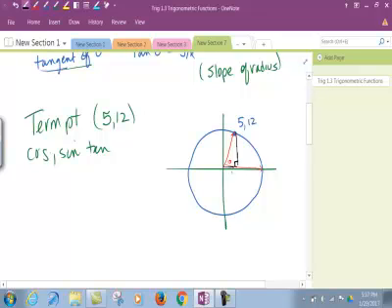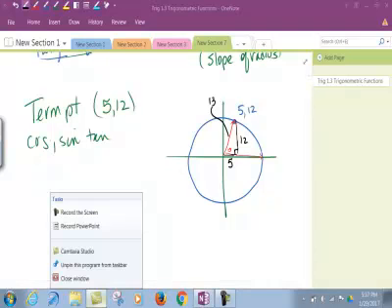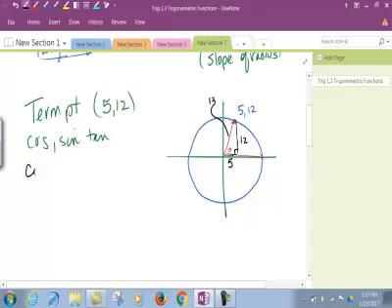All right, so I hope you can see that the x value is 5, the y value is 12, and the Pythagorean triple tells us the radius is 13. And so you can therefore say that the cosine of theta, we don't know what theta is, the cosine is 5 over 13, the sine of theta is 12 over 13, and the tangent of theta is 12 over 5.